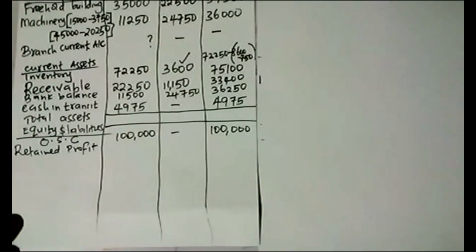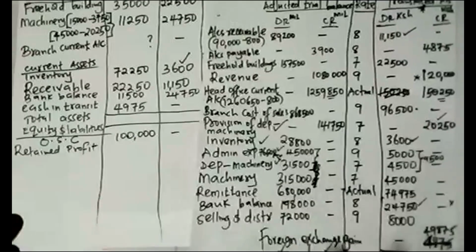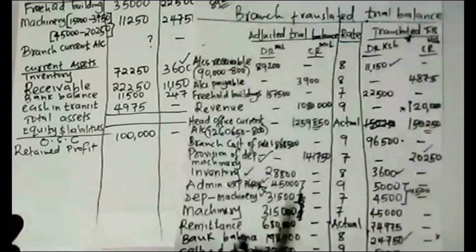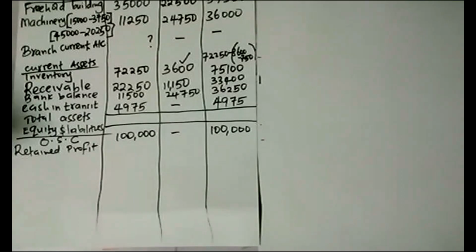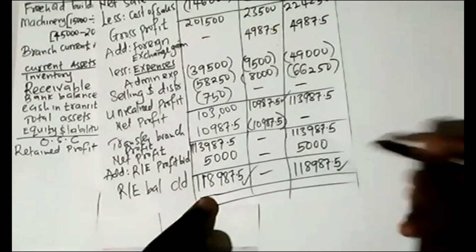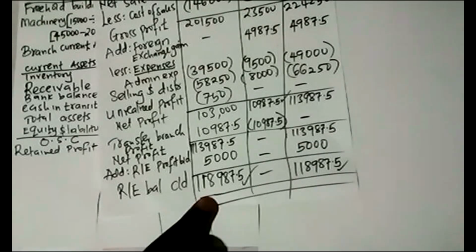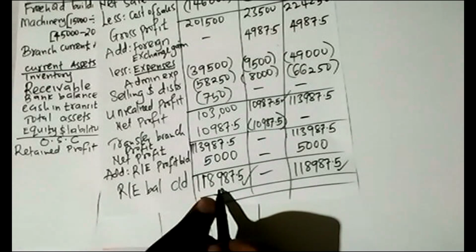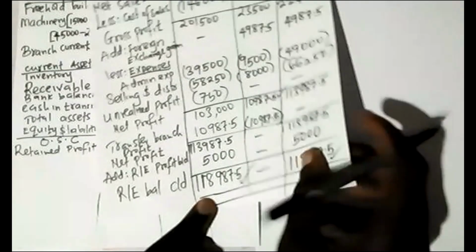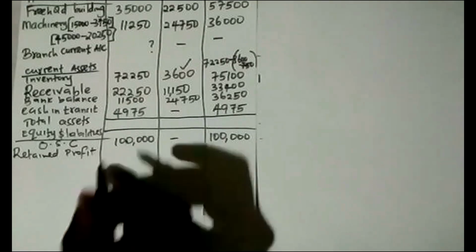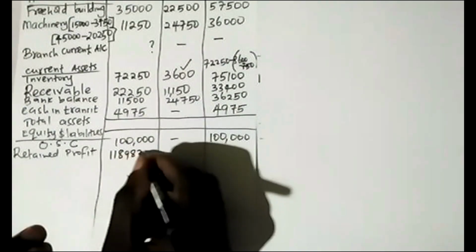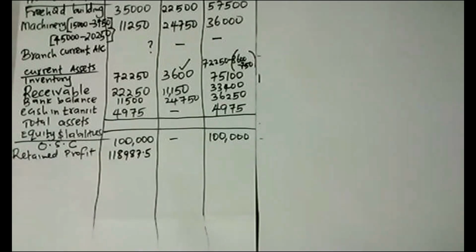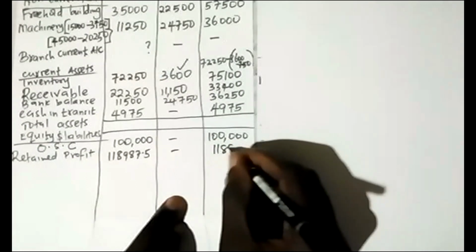Remember, this one is from the end of the year, from the income statement. The one we got down here, after getting the profit for the year, we added the retained profit. That is the profit and loss account. We got 118,987.5.